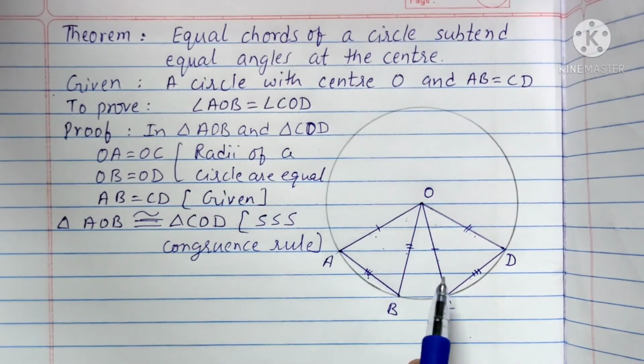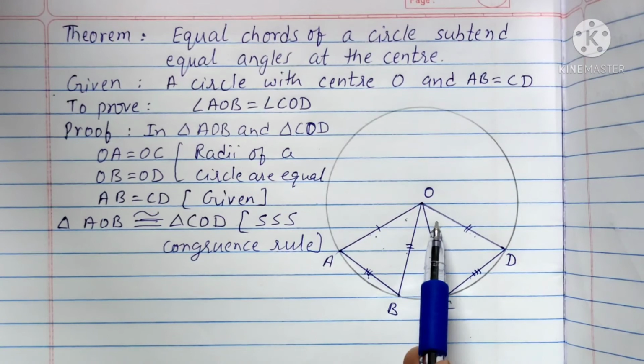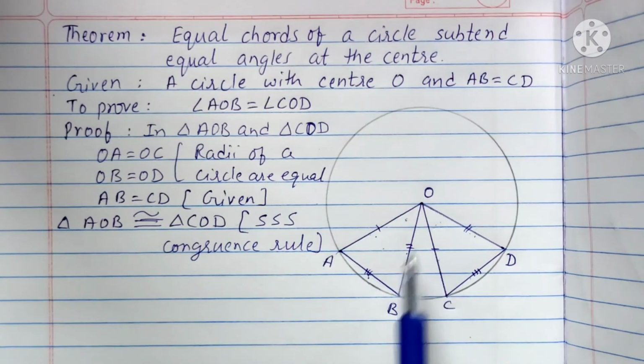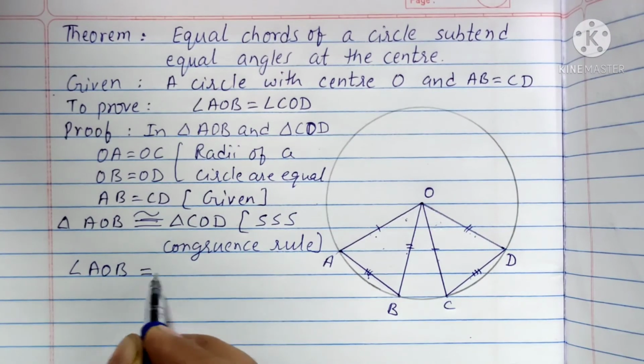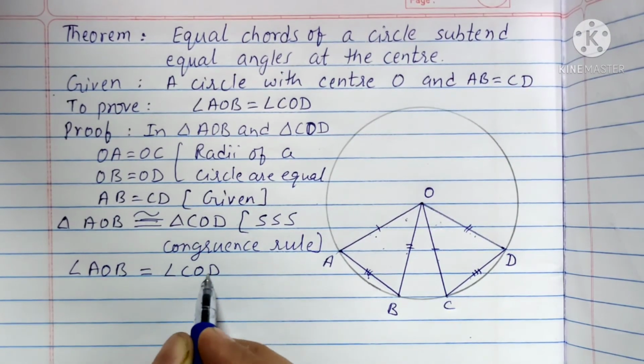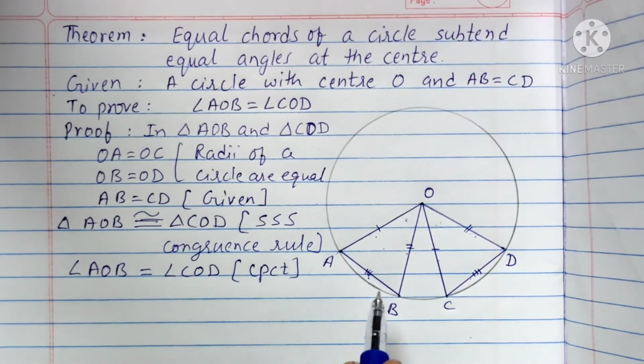Now since these two triangles are congruent, their corresponding parts will also be equal. So that's why angle AOB and angle COD will be equal, and the reason is corresponding parts of congruent triangles are equal.